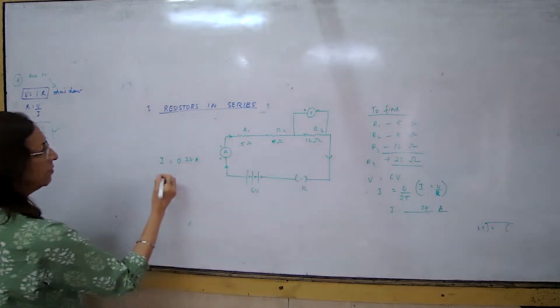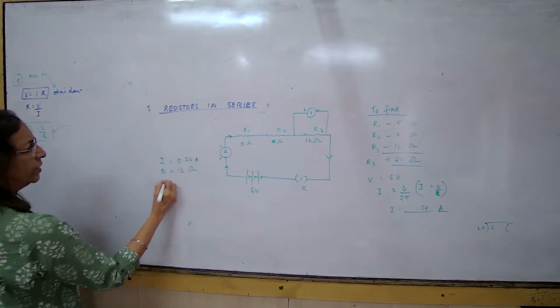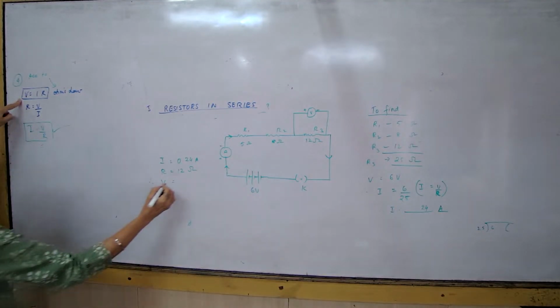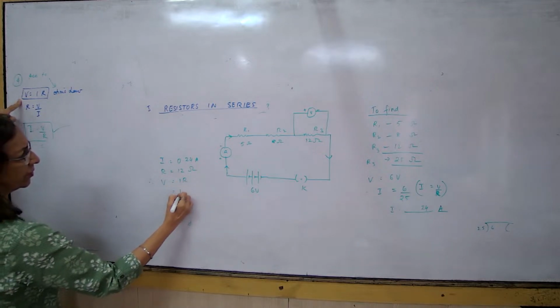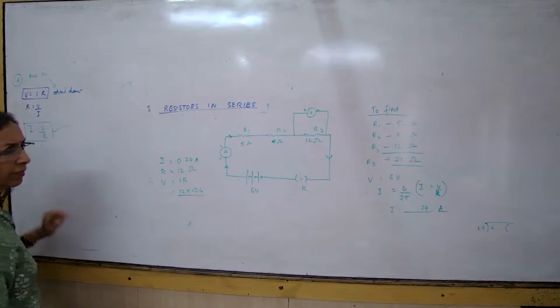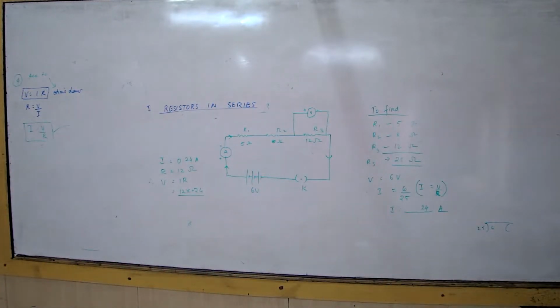Here R is 12, and I have to find V. Same thing, V is equal to I times R. How much did you get?